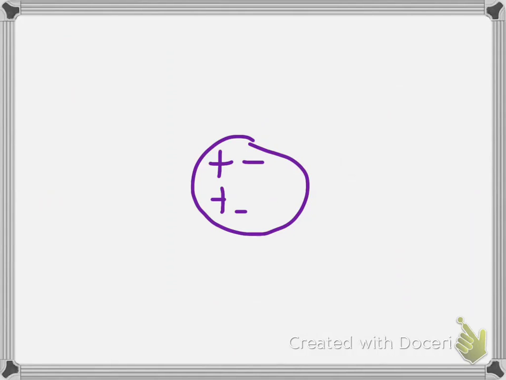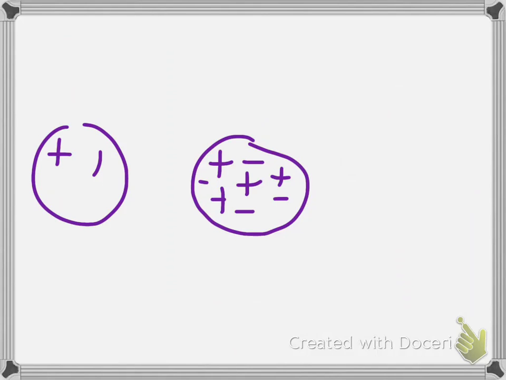Induction is a little bit different. Okay? Let's say that we have a neutral object here, and we have a positively charged object here. And remember that only electrons can move. Okay? Protons can't move.